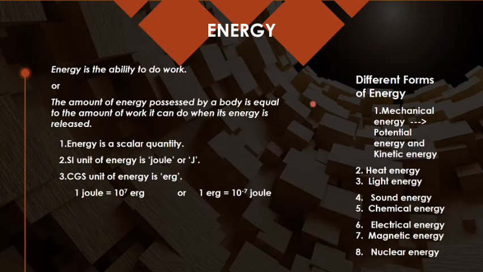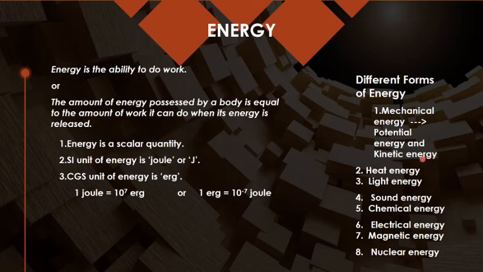You can say there are many types of energy, different forms of energy. Basically in your syllabus we have to deal with the mechanical energy. Mechanical energy is further divided into two parts, that is potential energy and kinetic energy. Mechanical energy means the energy possessed by a body by virtue of its position as well as its motion.